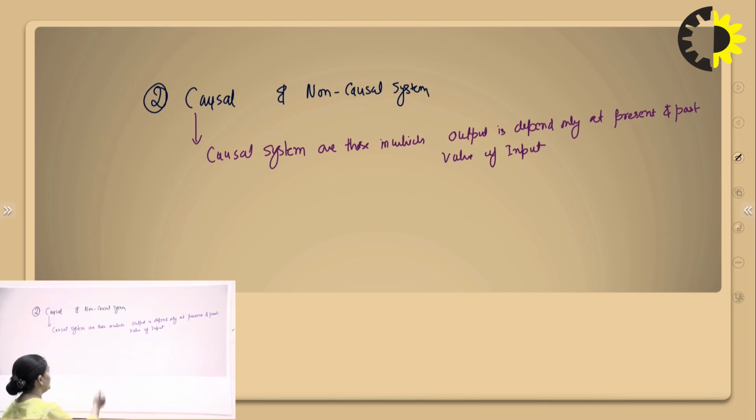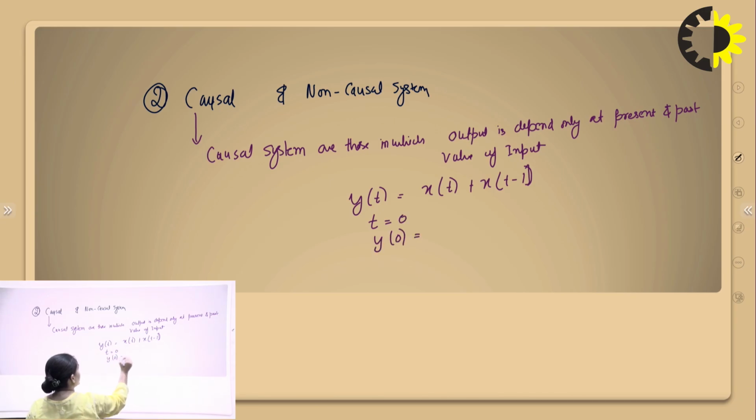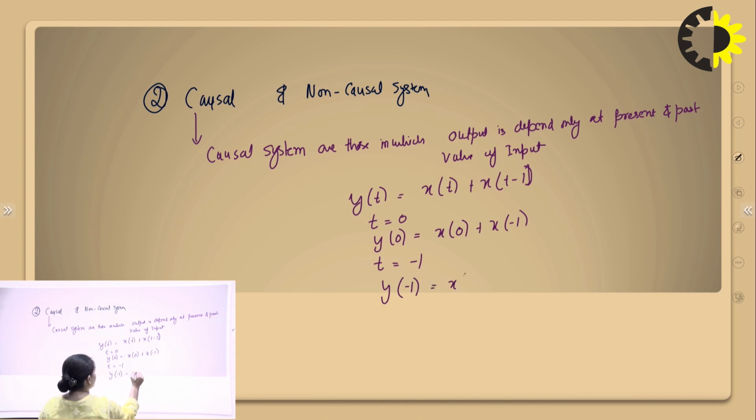For example, suppose y(t) is equal to x(t) plus x(t minus 1). At t equals 0, y(0) is equal to x(0) plus x(minus 1), or at t equals minus 1, y(minus 1) is equal to x(minus 1) plus x(minus 2).